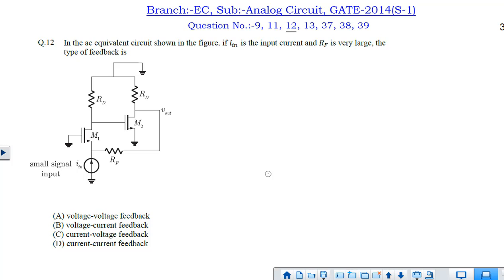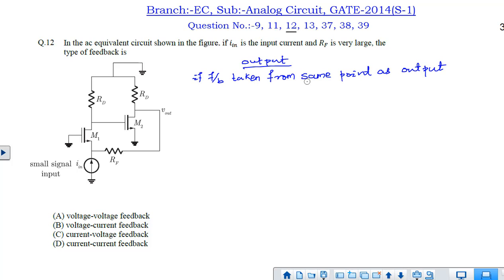Now to find out the type of feedback, we have to remember certain things or certain rules, you can say. If you remember those things, then you can easily find out the type of feedback for any particular circuit. So let us concentrate at the output.